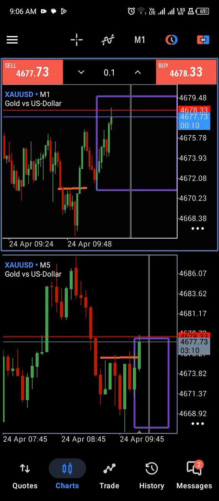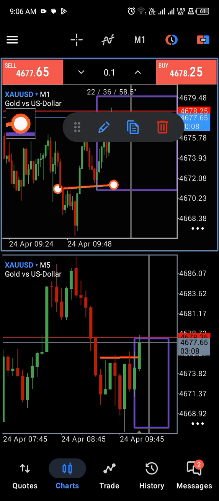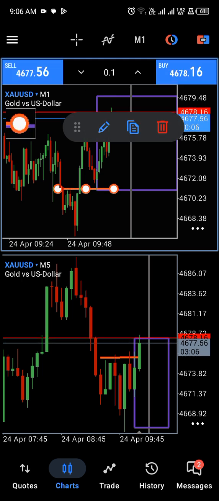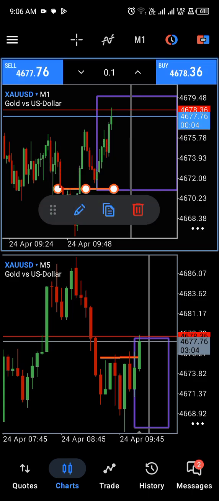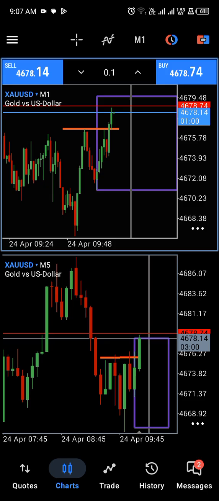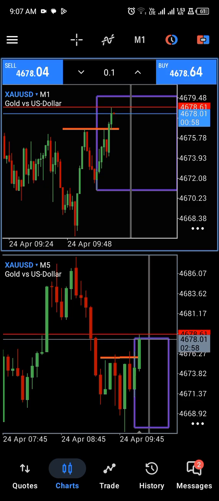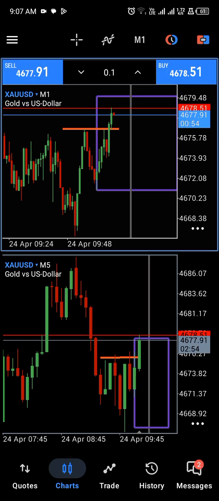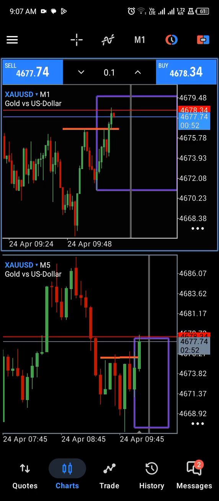So buyers are serious for now. I will readjust my structure because we just took out this recent structure up here. And then on the 5 minute time frame, I will not stress about it for now.